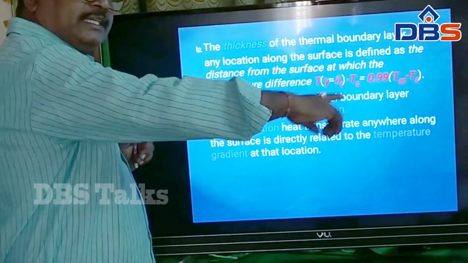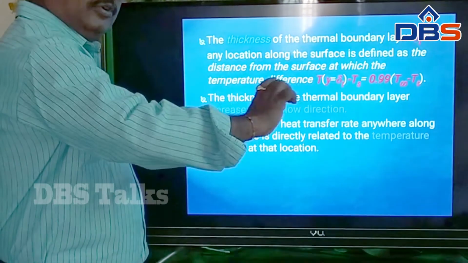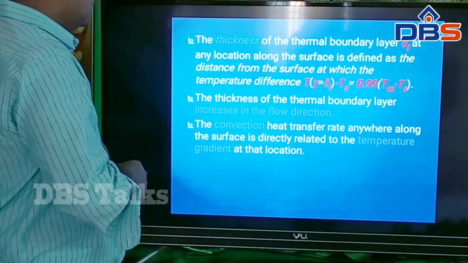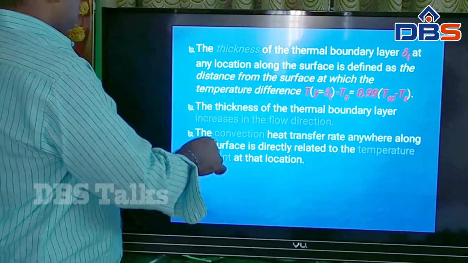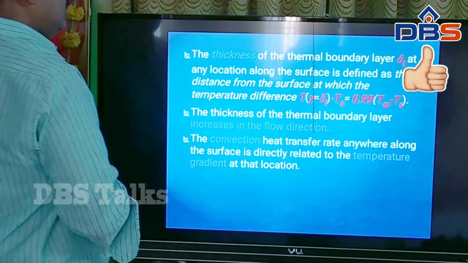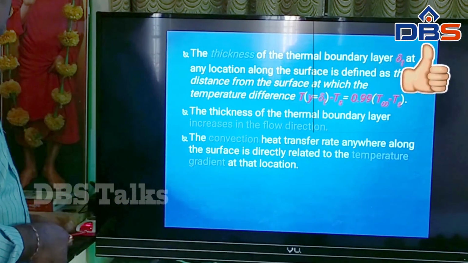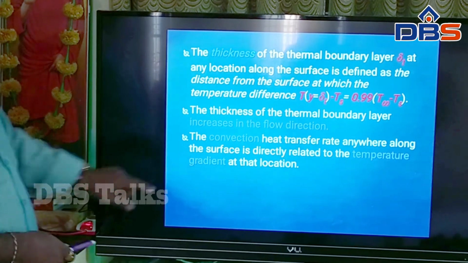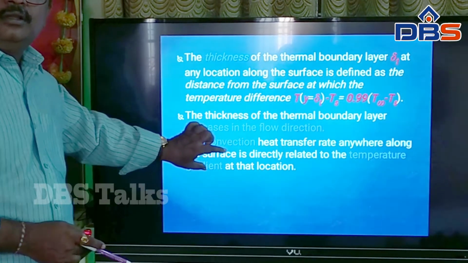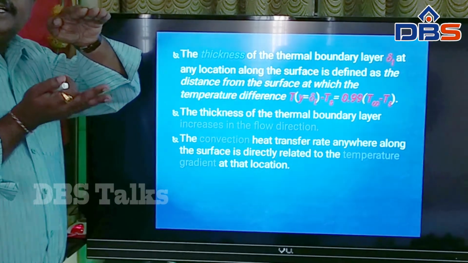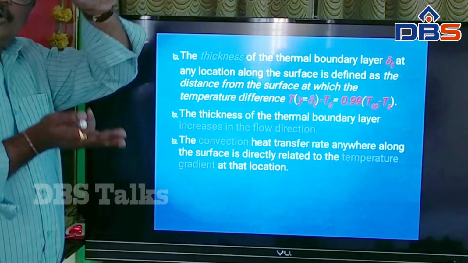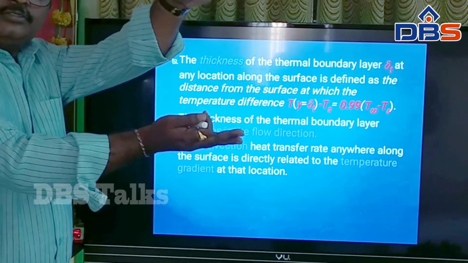When x increases, the boundary layer thickness also increases, and the convective heat transfer rate anywhere along the surface is directly proportional to the temperature gradient. Where the temperature difference is more, the heat transfer is also more.